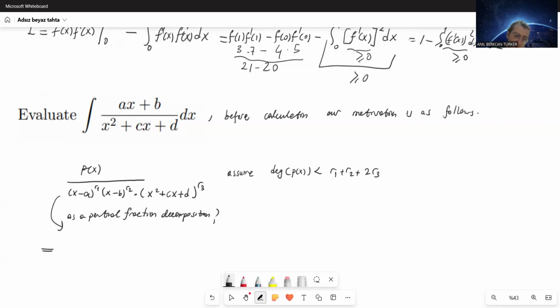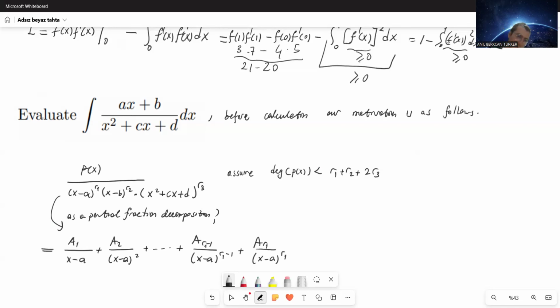It's just a1 over x minus a, plus a2 over (x minus a) squared, plus blah blah blah, up to a r1 over (x minus a) to the r1.